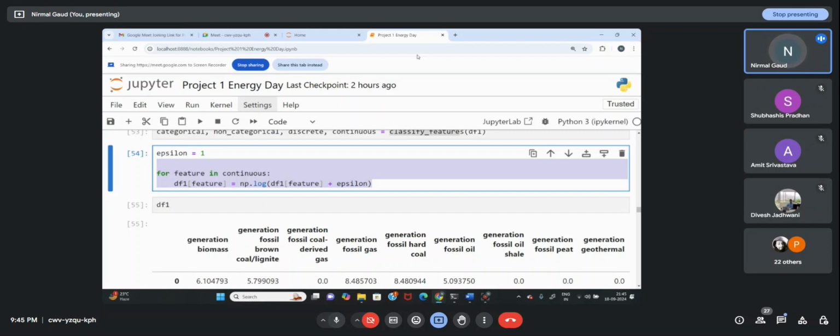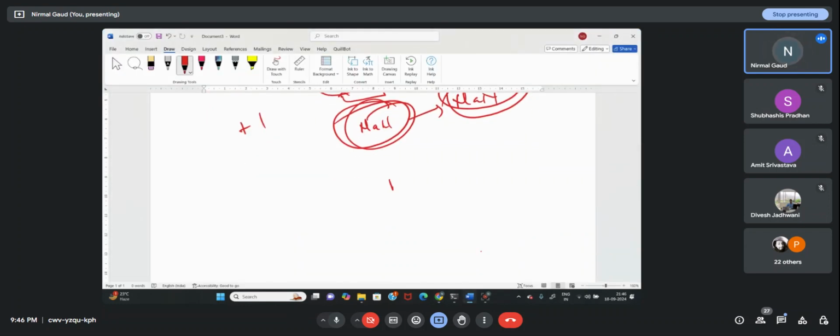I am applying log as a simple transformation technique because it is a requirement of the linear regression algorithm that your continuous feature should be normally distributed. If it is not normally distributed and you put it in the algorithm, it will give more error. The MSE will be highest, the mean square error will be high.